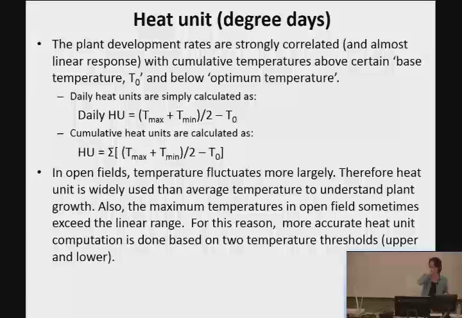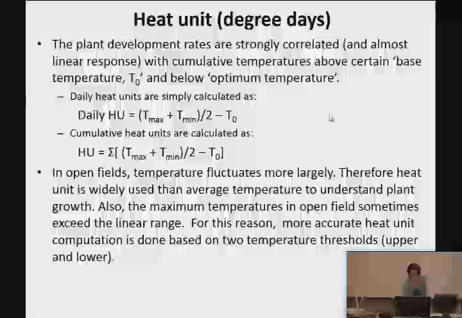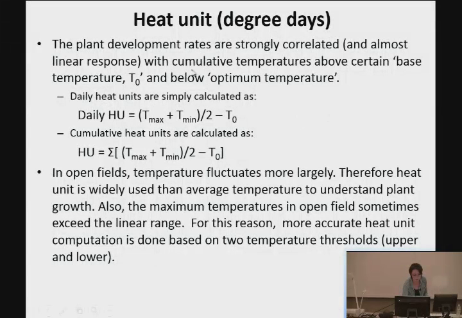Heat units or degree days are very effective because temperature and radiation in the field are pretty much correlated. So they don't have to use radiation in, for example, growth modeling. The growth and development are pretty much explained by using temperature in the field. But in the greenhouse, this may not be true because your temperature is completely separated from the radiation level. But anyway, I just wanted to show this because some of you are familiar with it.